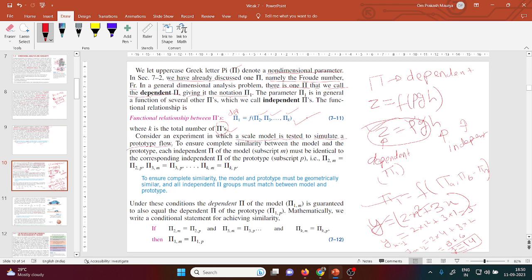Simulate here means the analysis: blowing the air and seeing what happens with the wings and the aeroplane. That is the simulation, and we now use the term simulation in CFD, computational fluid dynamics.